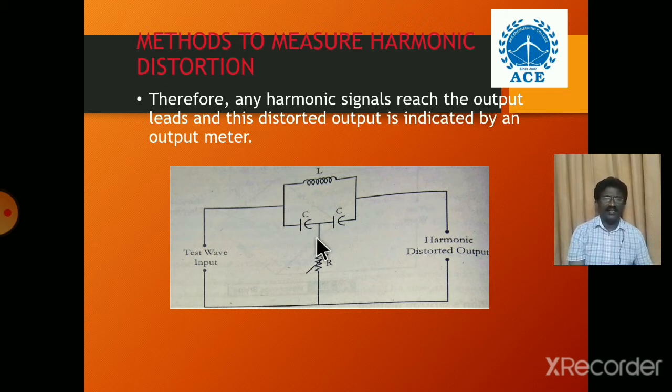The resistance R is varied to bypass the fundamental frequency signals, since the tank circuit passes them through the resistor.